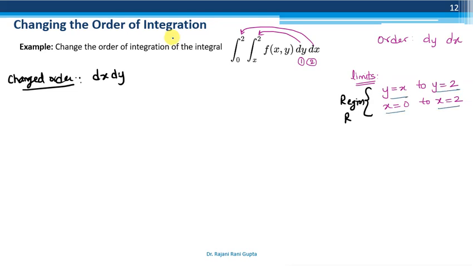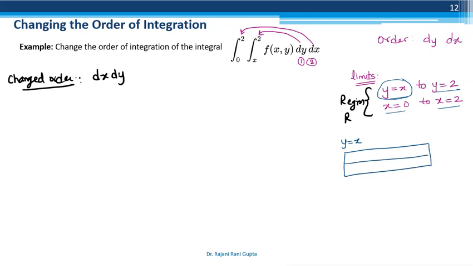So x equal to 0, x equal to 2, y equal to 2. You know it directly. Suppose you don't know how to plot y equal to x, then what you can do is prepare a table.